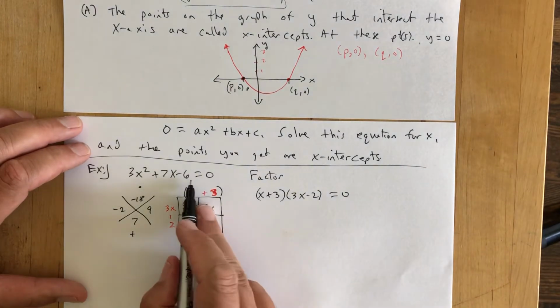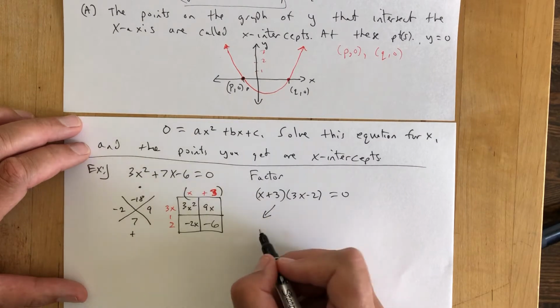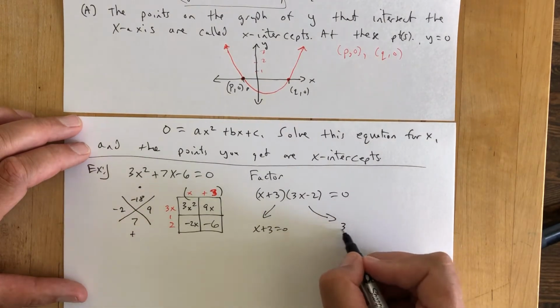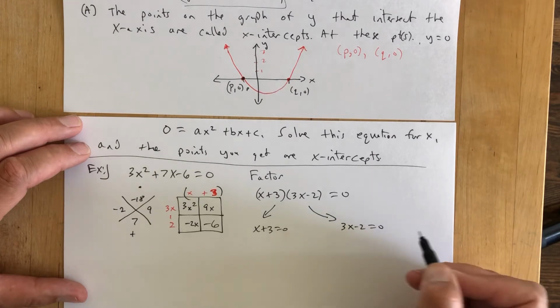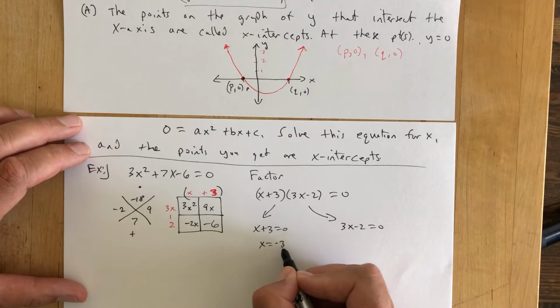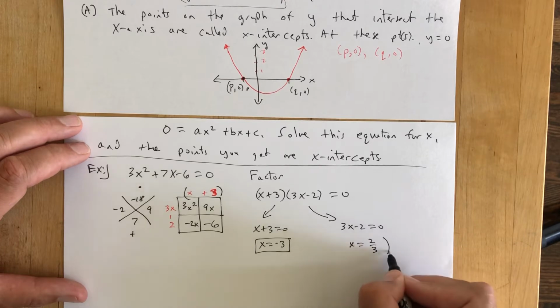We set it equal to 0 because we're looking for the x-intercepts. So by the zero product property, either x plus 3 equals 0, or 3x minus 2 equals 0, or both. So we solve each for x. We get a linear equation here, and we solve this for x, and we get this.